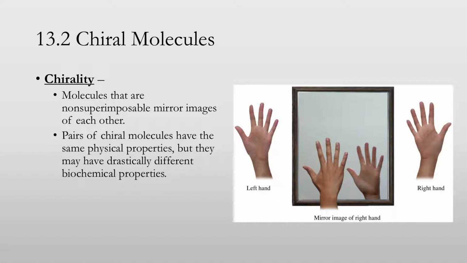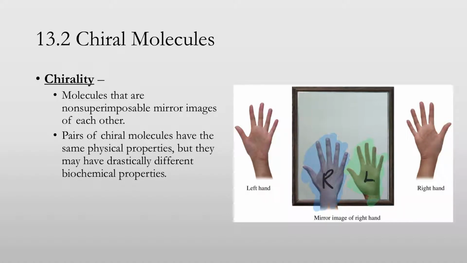And this is visualized by having your hand. If you were to stick your right hand in front of a mirror, this hand right there, the mirror image in green, I'll highlight, would look like your mirror image's left hand, right? So I'll put R for right hand.